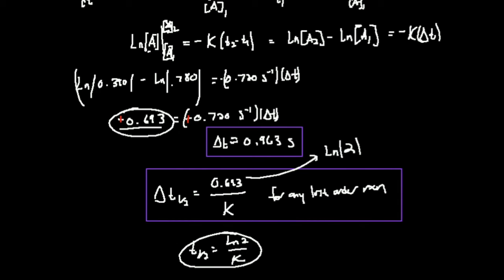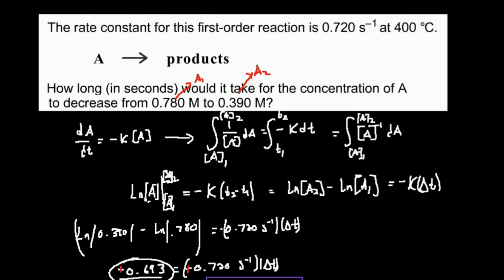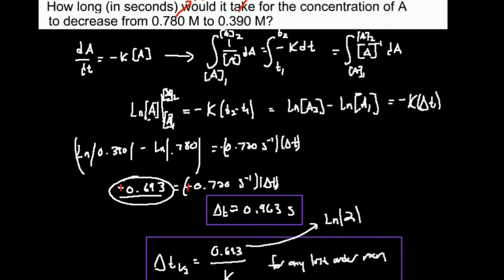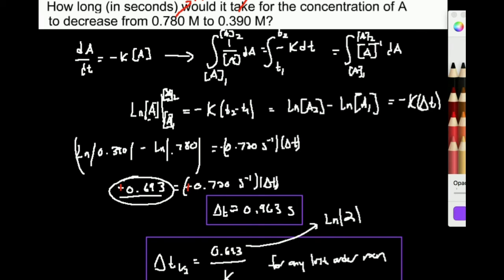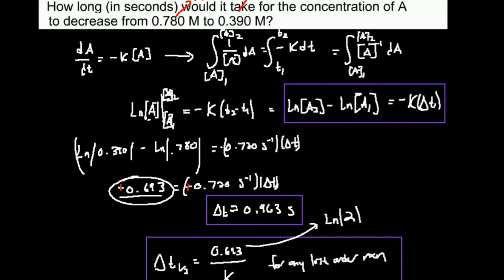Now, they won't always be half-lives, and because they're not always going to be half-lives, in general, you're going to have to use this equation right here. This is how you calculate concentrations or time for any decay for a first-order process.